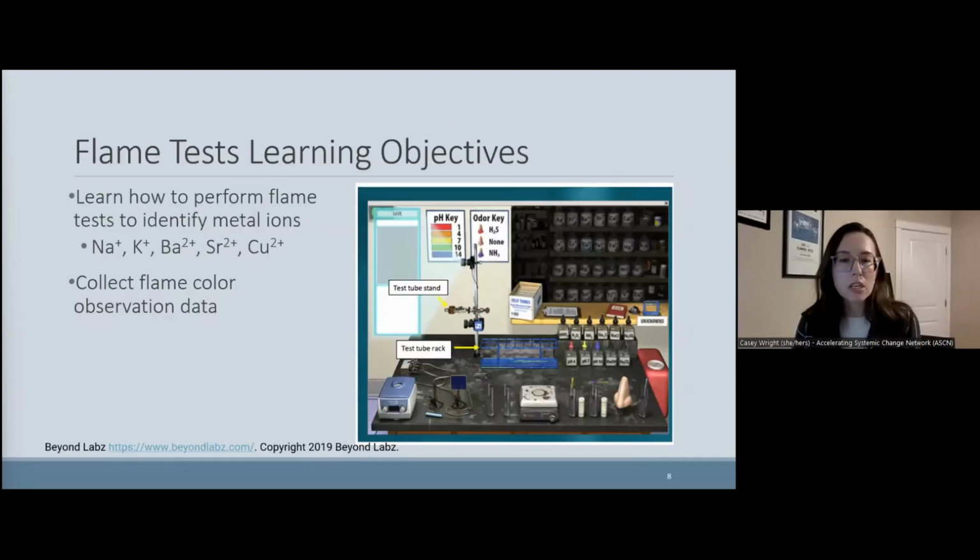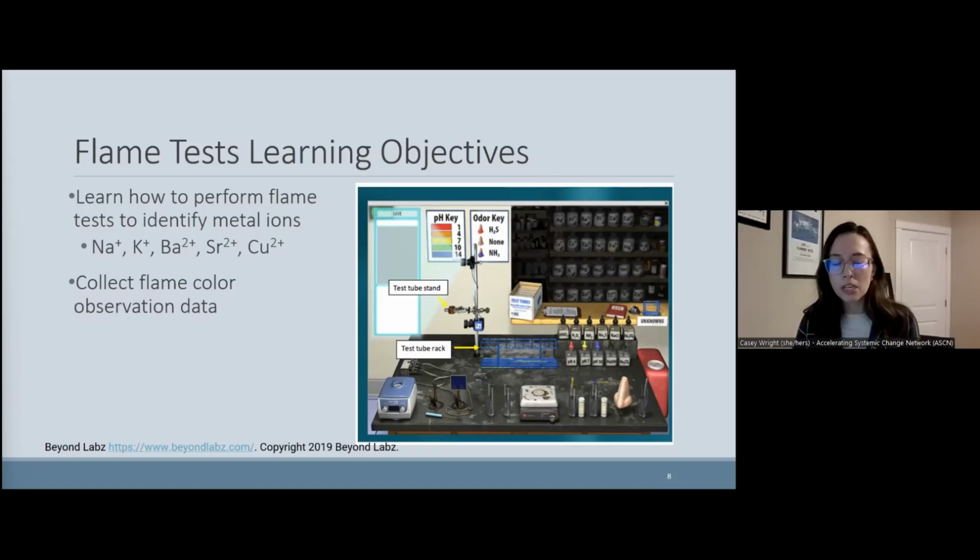The learning objectives for our flame test lab were to get students to learn how to collect flame color observations and identify metal ions such as sodium and strontium. So, a very classic application of a flame test. The image you're seeing on the right is a screen capture of the Beyond Labs laboratory.